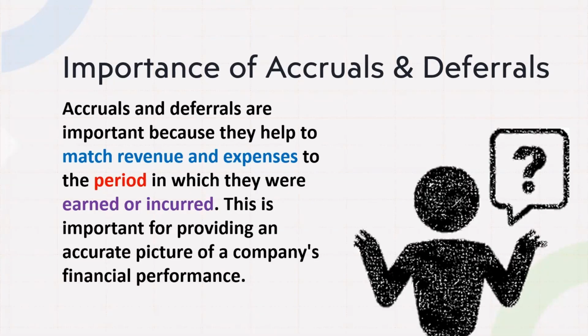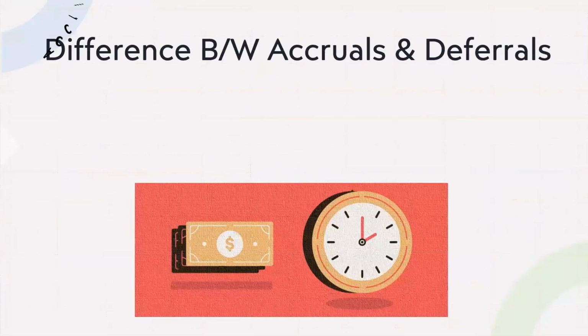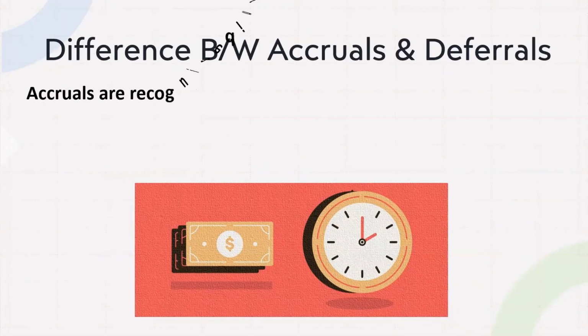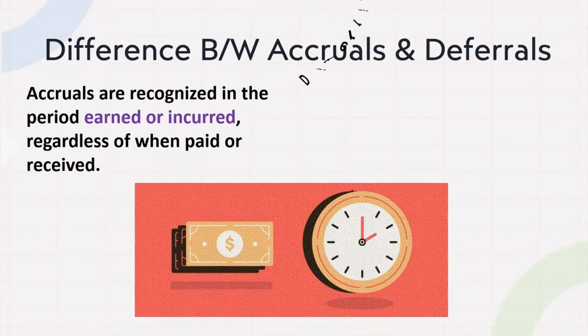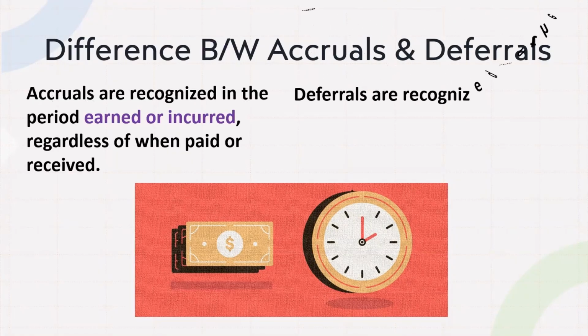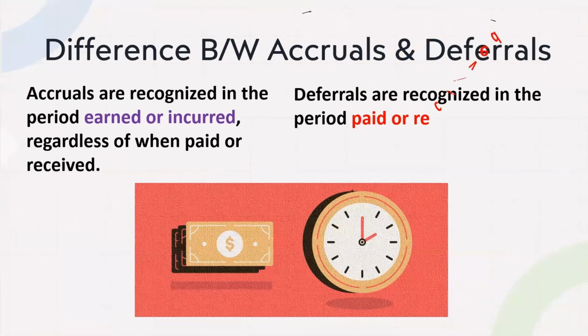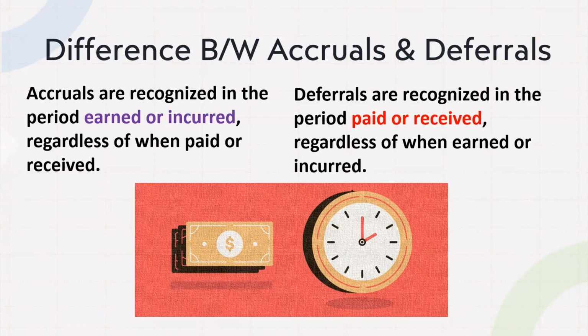Great. Now let's move ahead and talk about the difference between accruals and deferrals. Accruals are recognized in the period in which they are earned or incurred, regardless of whether we have received or paid the cash or not. On the other hand, deferrals are recognized in the period in which they are paid or received, regardless of whether we have earned it or not.